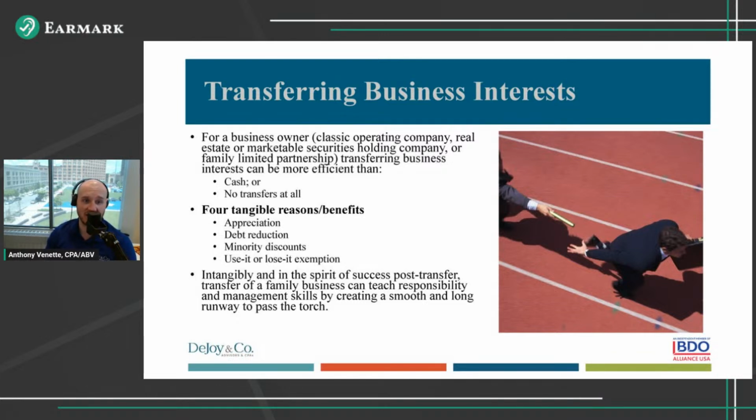And then we have a unique fact planning opportunity right now with our use-it-or-lose-it exemption, right? That decrease from $13.6 million down to $7 million is a one-time planning opportunity. The rest of these are perennial fact patterns. So in the spirit of this, we're focused on transferring business interests at a point in time and reaping the benefits of that.